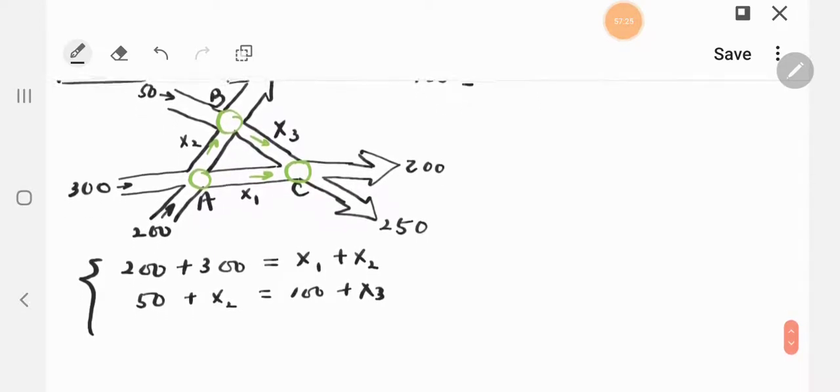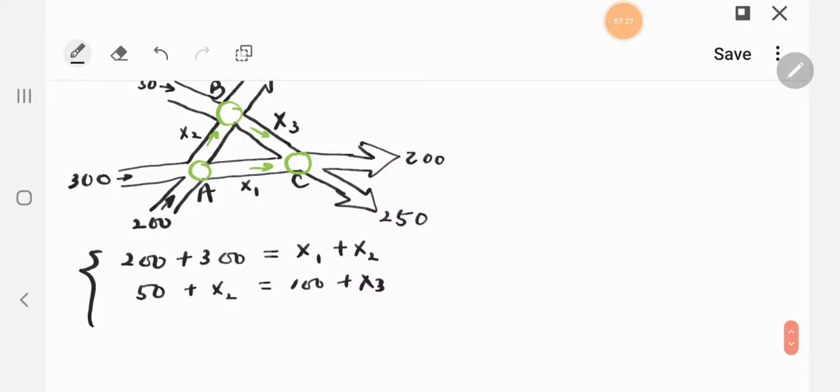From intersection C, the number of cars coming into the intersection is x1 and x3. The number of cars going out is in 2 directions, which is 200 and 250 cars. So we have just written 3 equations.